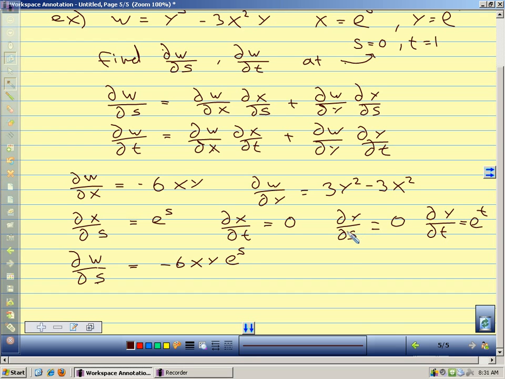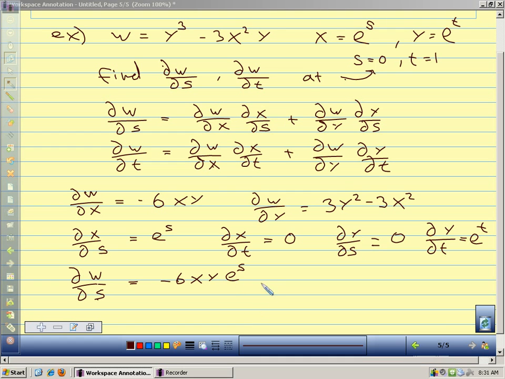So we just have minus 6xy e to the s, and at s equals 0 and t equals 1, x equals 1, y equals e. So dw/ds is just minus 6e.